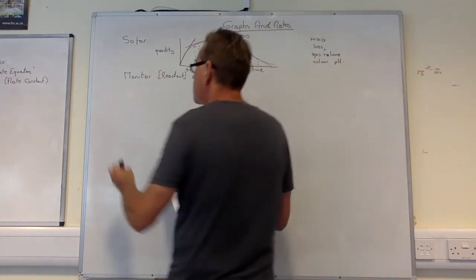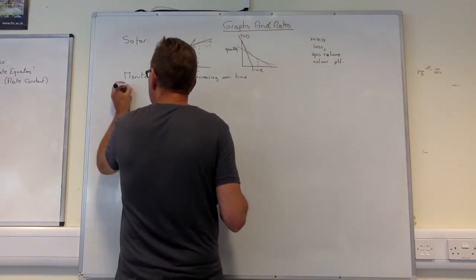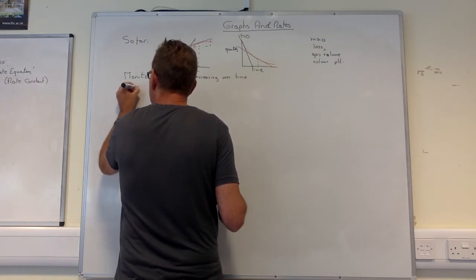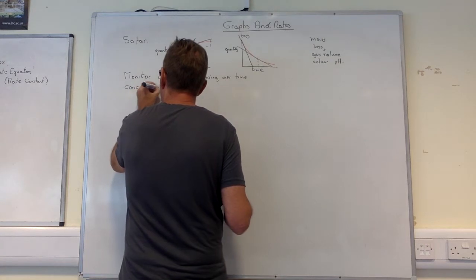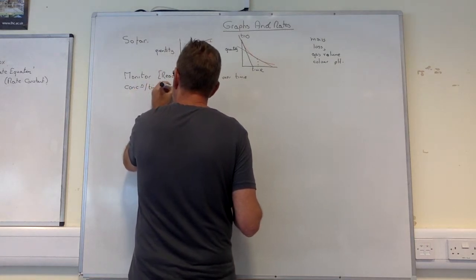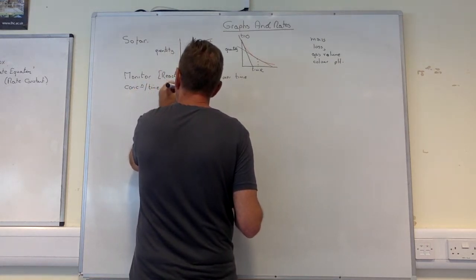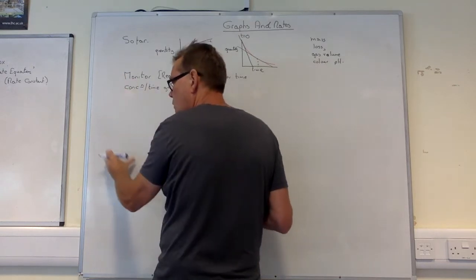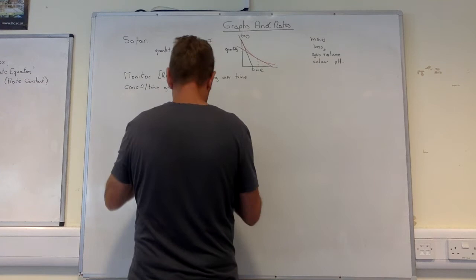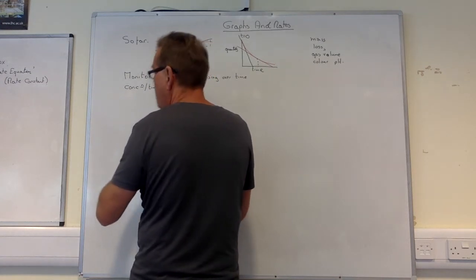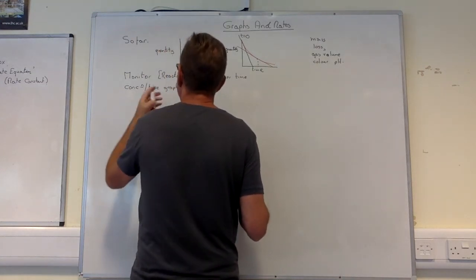So the first set are called concentration-time graphs, and you must look at the axes for these because I'll do another set. There are 3 of these and then 3 of another set, and you've got to make sure you know what's what, and look at the axes so you don't get mixed up and confused.